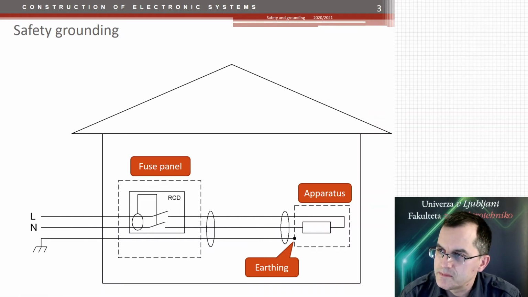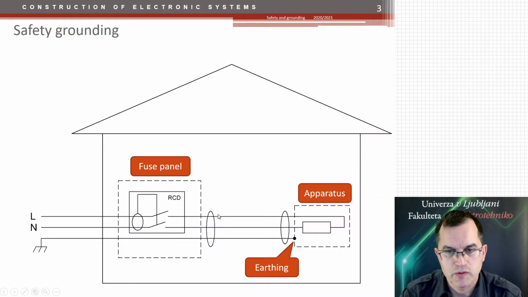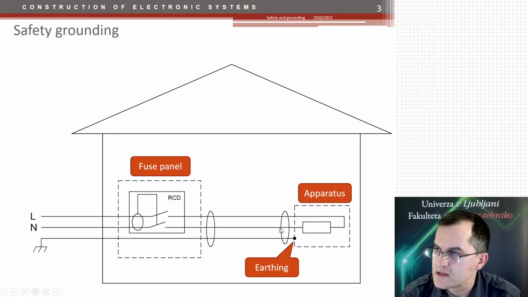But from the fuse panel, we go to this house installation, to individual socket. And to these sockets, some apparatus are connected. And since these apparatus are powered with high dangerous voltage, let's say 230 mains voltage, they have to have some safety provided. And this safety in the houses can be provided by a safety ground.